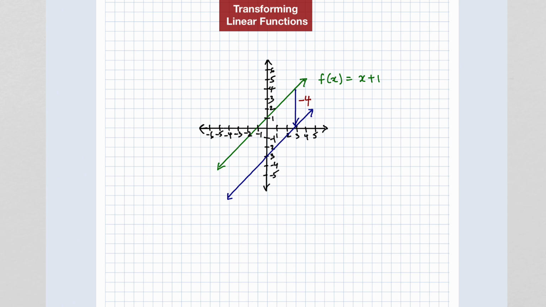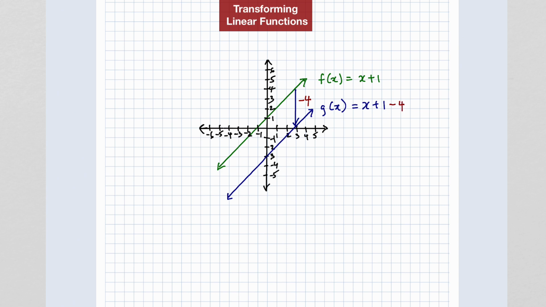And so our new function, we're going to call g of x, is now equal to the same thing as the function in green, f of x. So we're going to call this x plus 1. Okay, but we're going to add the shift going down, which we will call vertical translation of negative 4 to the equation, and so it will look like that.